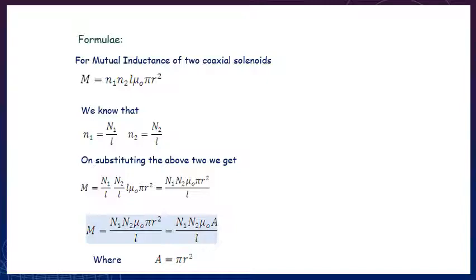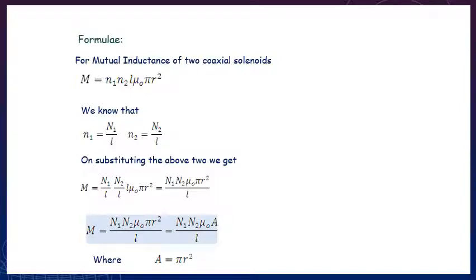Capital M is equal to capital N1 divided by L, capital N2 divided by L into L mu naught pi r square. Here one of the L cancels out and the expression that remains is M is equal to capital N1 capital N2 into mu naught pi r square, the whole thing divided by L. Here pi r square is your area, so we will be replacing it by A.